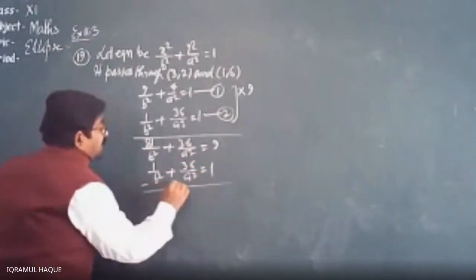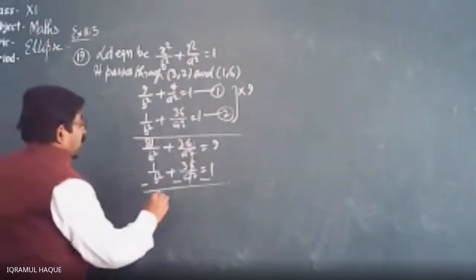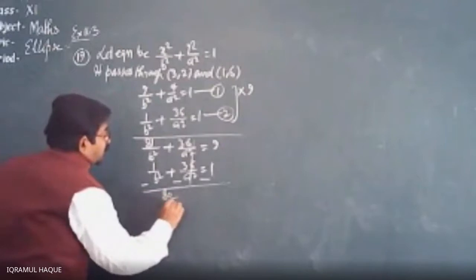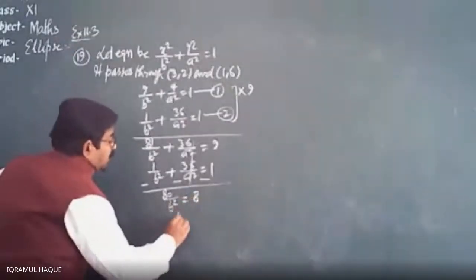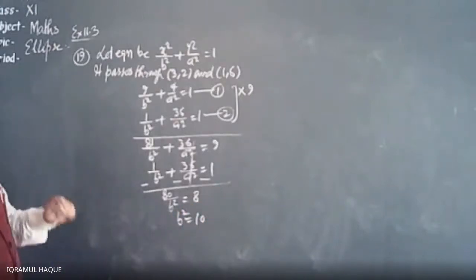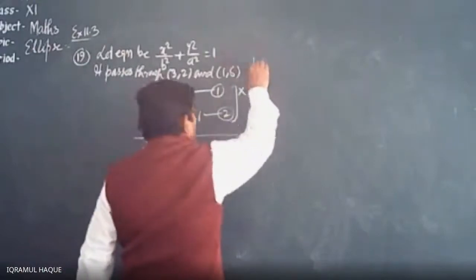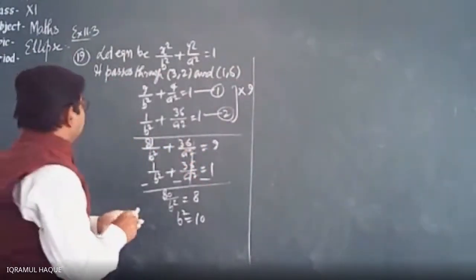Subtract. Minus, minus, minus. This will go. We have 8 upon b square is equal to 8. So b square is equal to 1. Only the value of b square. Now get a square.